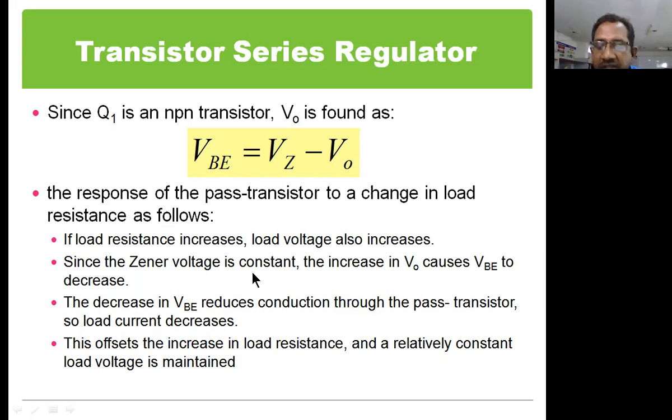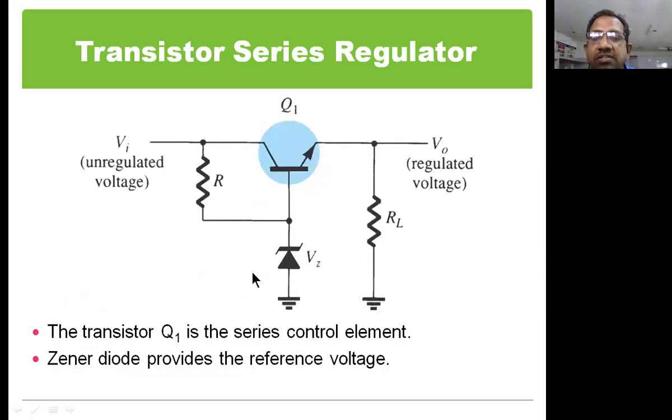If VBE decreases, what happens? V0 has increased, then VBE decreases, so the transistor draws much less current, because the transistor becomes less forward biased. Therefore, it allows less current to flow through RL, and thereby V0 is going to decrease.